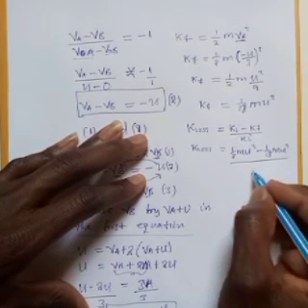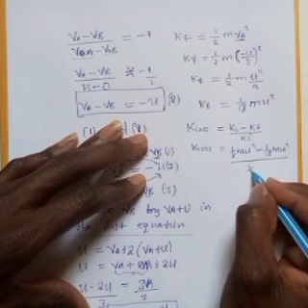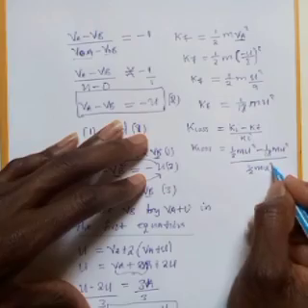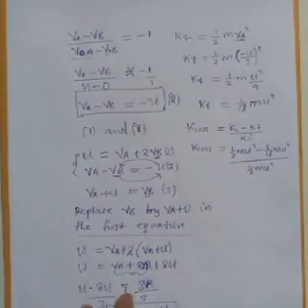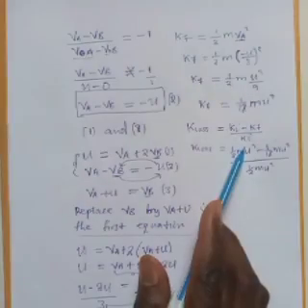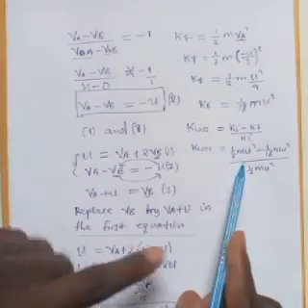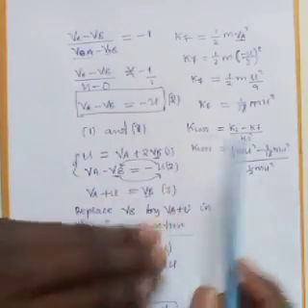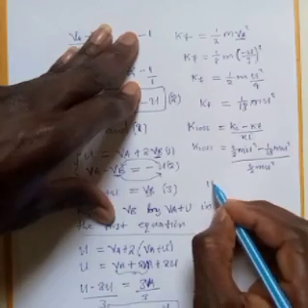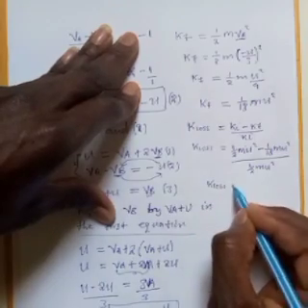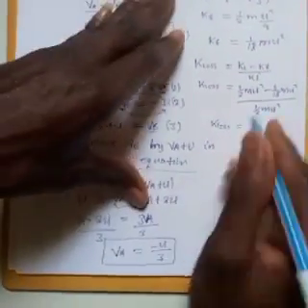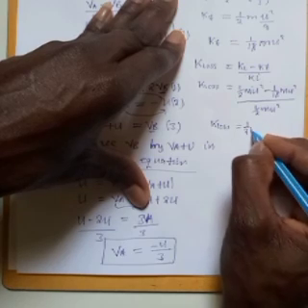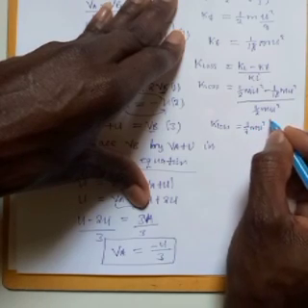You divide by the initial kinetic energy, which is 1 over 2 mU square. The simplest way of doing this, you can factor out 1 over 2 mU square, because this can also go into that.